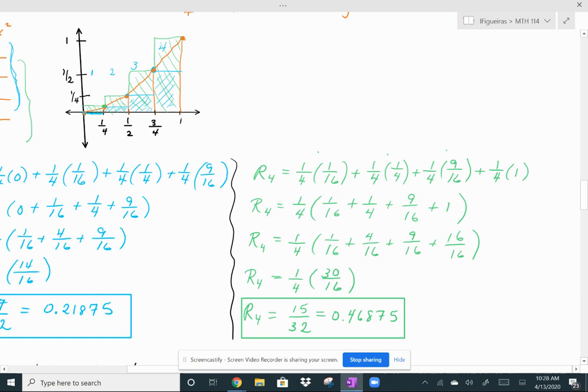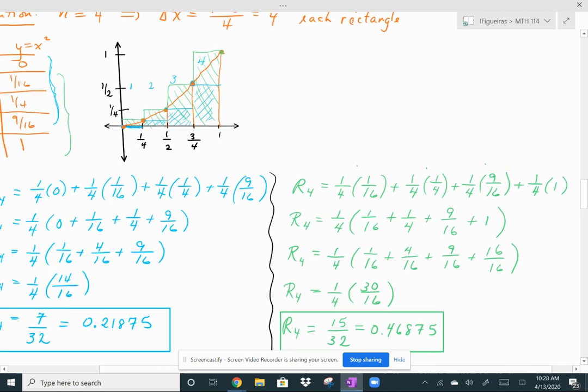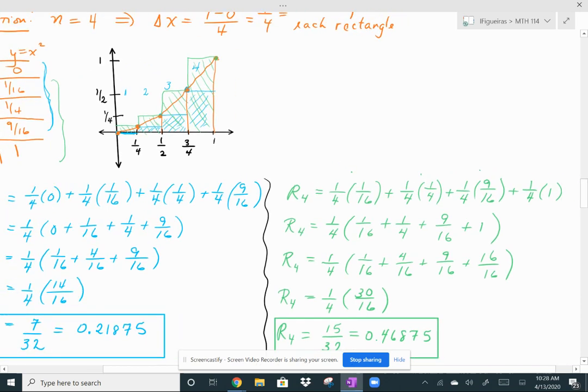On the right, I have 1/4 times 1/16, 1/4 times a fourth, 1/4 times 9/16, and 1/4 times 1. Remember that 1/4 that's in front of each of them is the width, which we got from computing delta x. All right, so since 1/4 is a common factor, I factored that out in the second line.